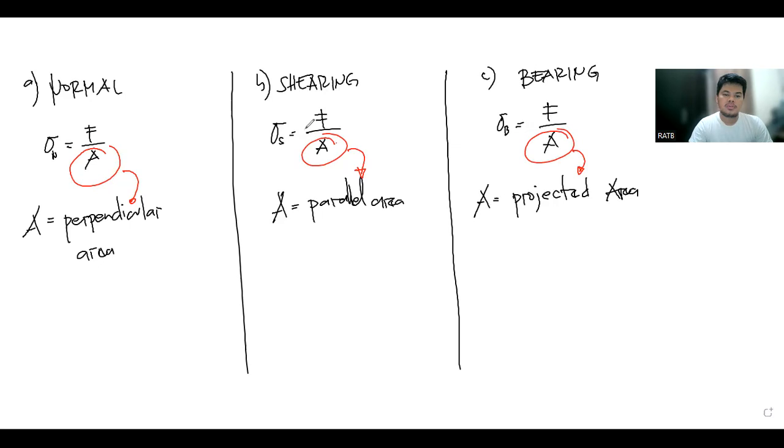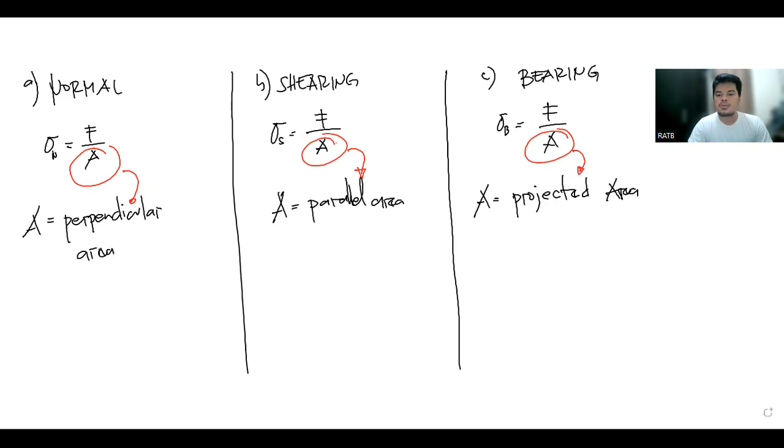Normally, if the problem is asking for the stress, one has to look at the given area, whether it is the perpendicular area, the parallel area, or the projected area, so that you can identify what type of stress is being asked in the particular problem.